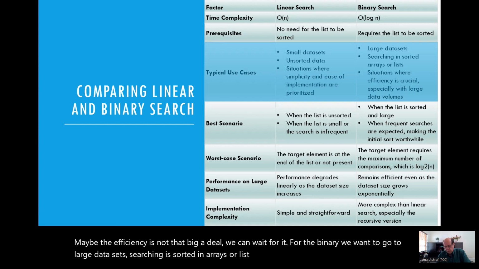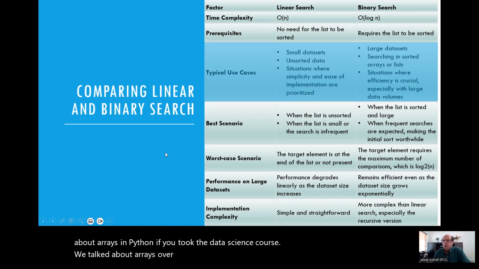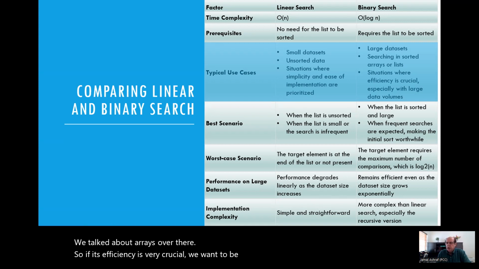We're going to be talking more about arrays in Python. If you took the data science course, we talked about arrays over there. So if efficiency is very crucial, we want to be using binary search, especially with large data volumes.